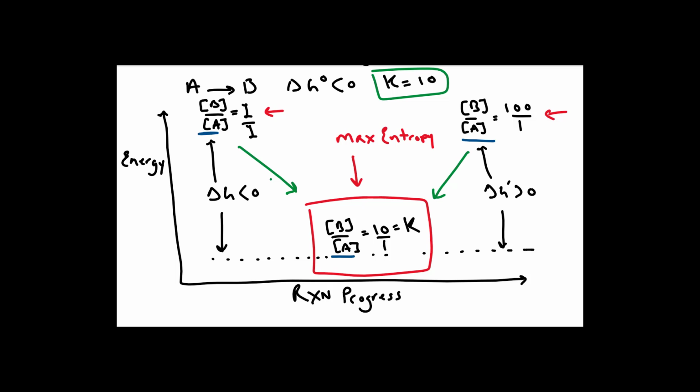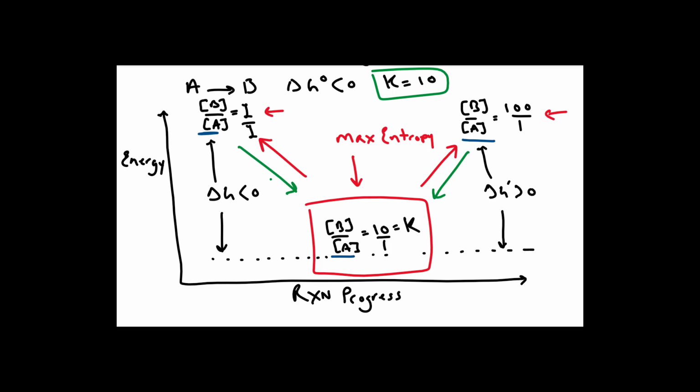Moving from either one toward equilibrium will have a negative delta G. Again, not a negative delta G standard, a negative delta G. So if I want to go in the opposite direction, this way and this way, I will have to put in energy. It will have a positive delta G.